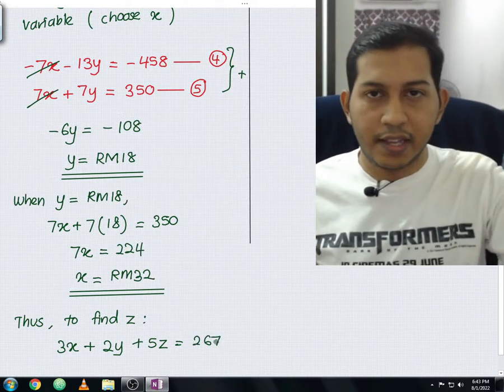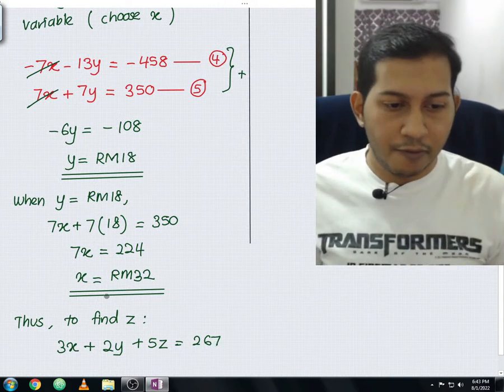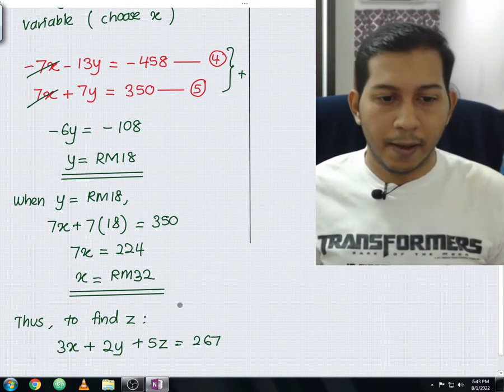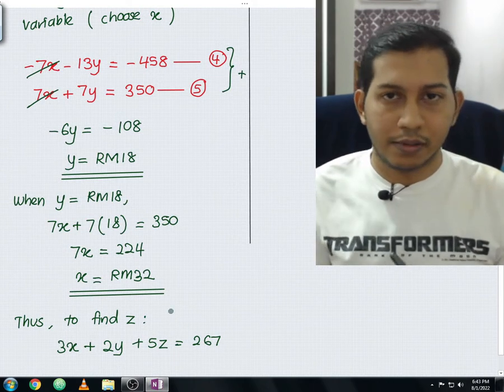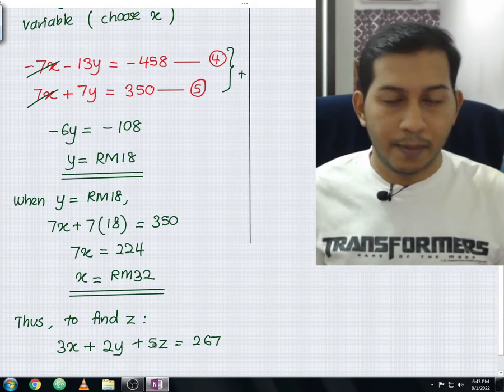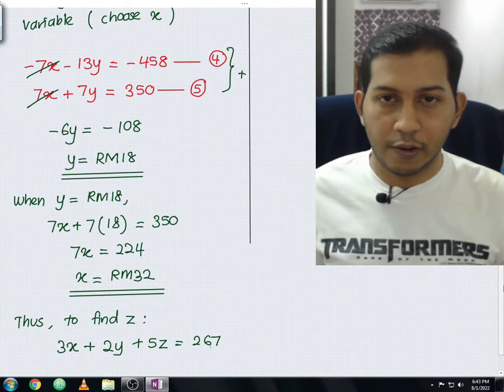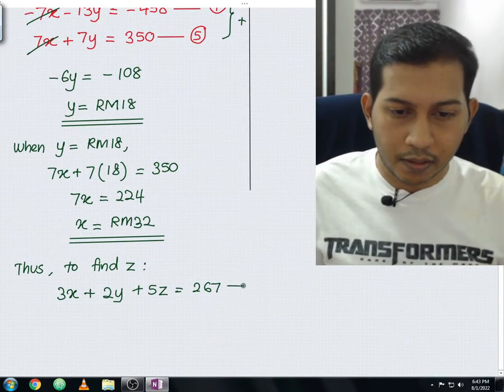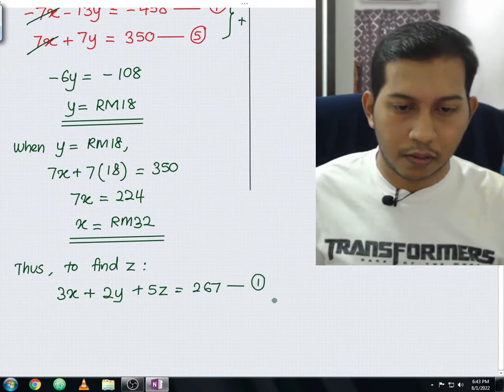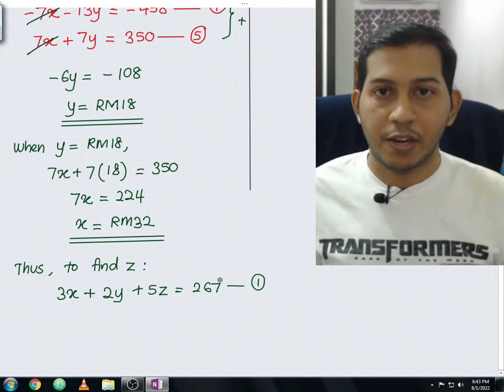The reason why I write the equation here is so that you will know in which equation I'm substituting in, okay. But in your actual working, you don't need to write this step. You can straight away substitute in, okay. I'm doing this for teaching purposes, so that you'll be able to understand better. So from here, by the way, this is your first equation, okay. Just wanted to remind you again, okay.